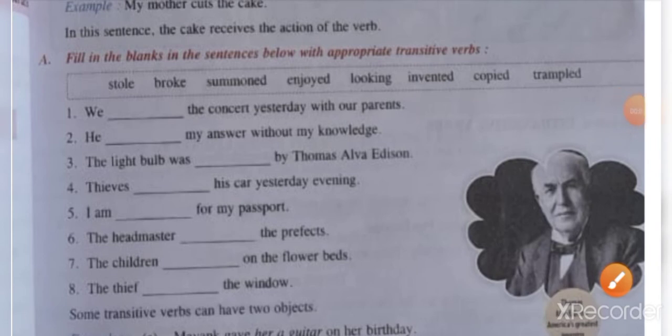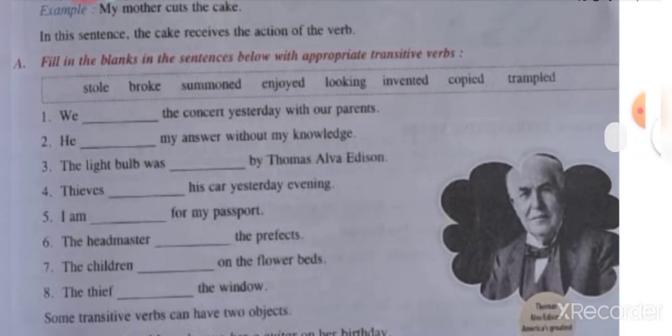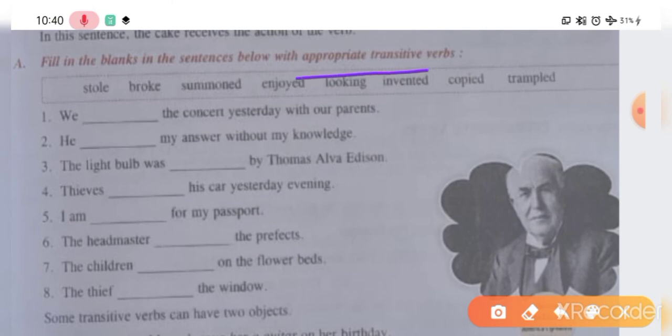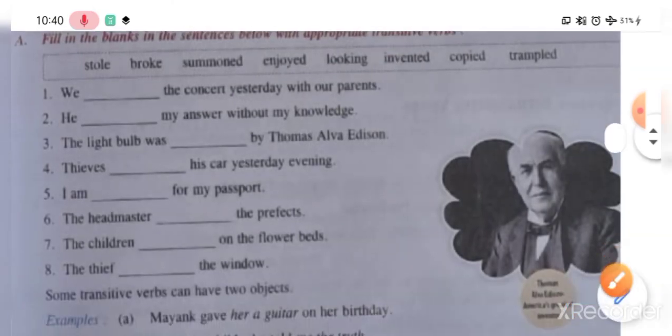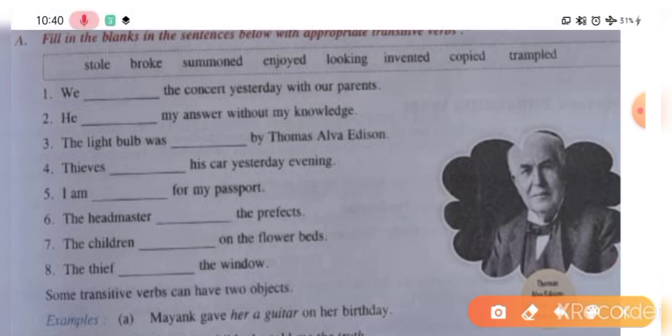Let's have one more exercise. Fill in the blanks in the sentences below with the appropriate verbs. Let us have: we dash the concert yesterday with our parents. So a concert is a music function. So we enjoyed.